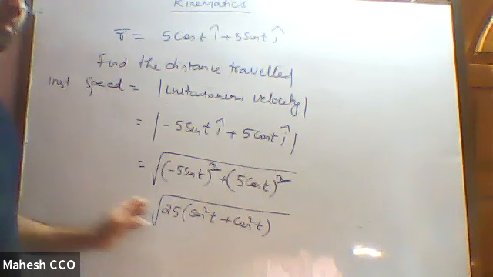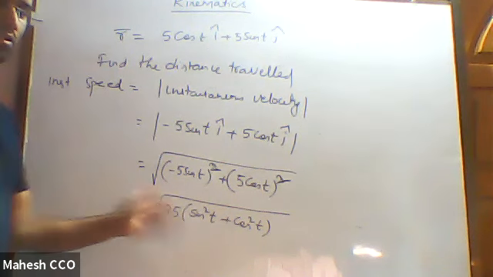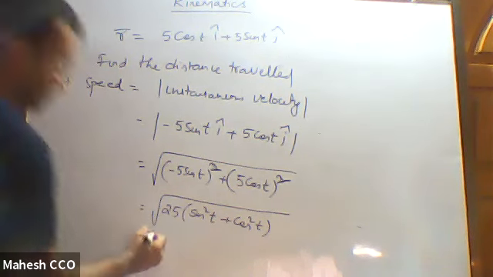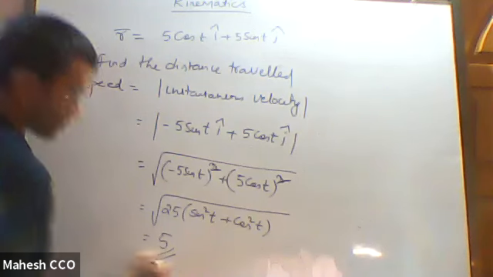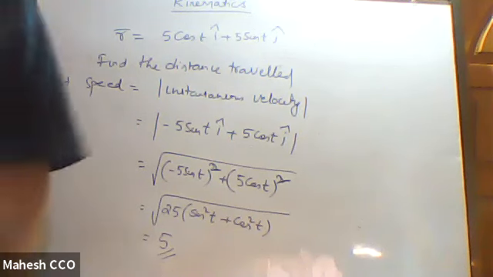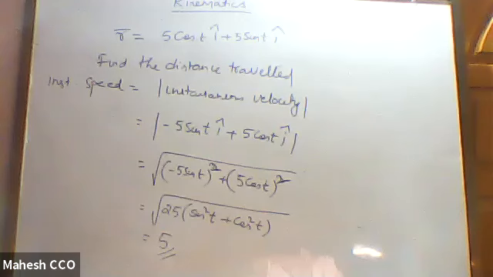Sin square t plus cos square t is 1, so root 25 is 5, which gives us an idea that the particle is indeed moving with a constant speed, because at any instant t, the instantaneous speed has come out to be 5. So the particle is moving with constant speed.